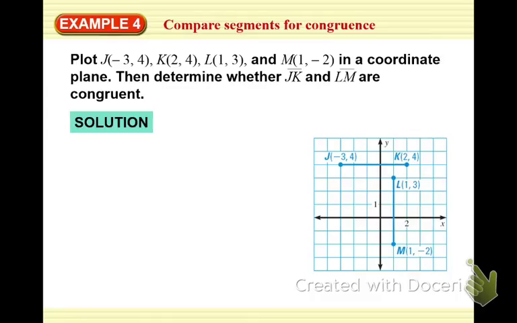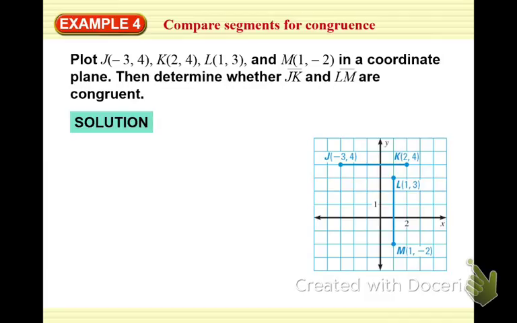So now you see segment JK and you see segment LM. We could certainly create other segments in here if we really wanted to. There's absolutely nothing wrong with creating segment JM and segment KL or any other combination that you want. Again, any 2 points determine a line, and from a line we can create a line segment. But these are the two that we want to take a look at.